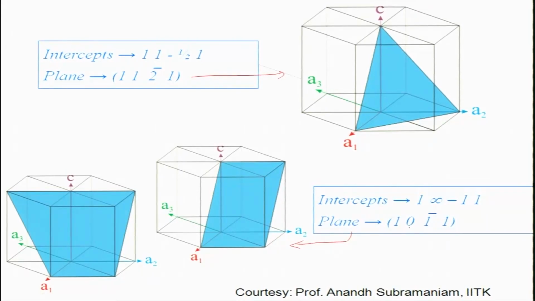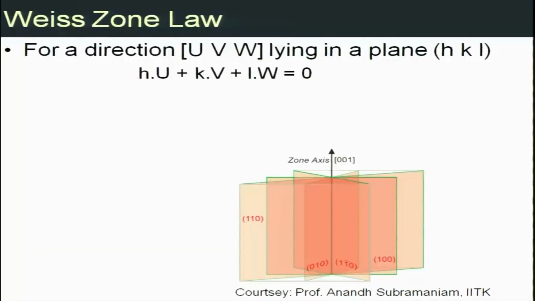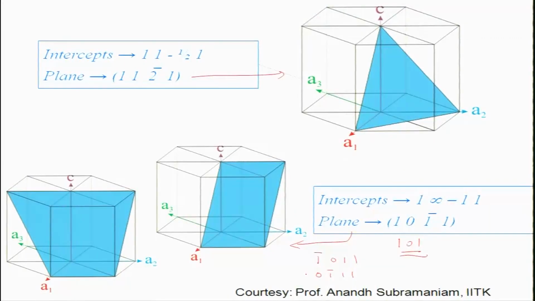Okay. So basically this plane is nothing but the 1 0 1 plane. Okay. But in the 4 axis system, it looks like 1 0 bar 1 1. Okay. So 1 0 bar 1 1, bar 1 0 1 1, 0 bar 1 1 1, they are all similar planes. Okay.